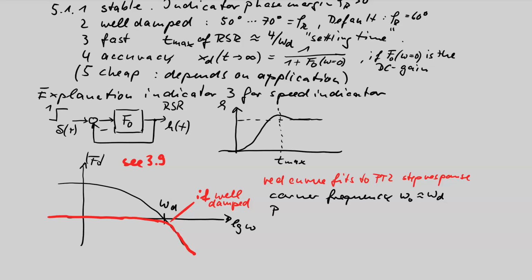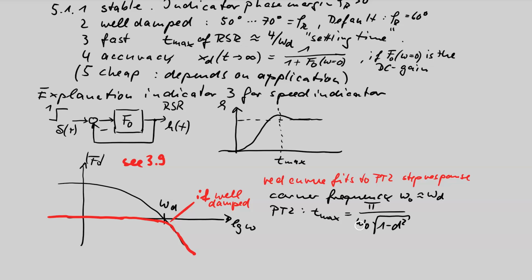Note that in PT2 we have an equation for the Tmax. Tmax was pi divided by omega naught divided by the square root of 1 minus d squared. So you see here with this corner frequency we have a good estimation for omega d, and as I have promised, omega d is inversely proportional to Tmax.